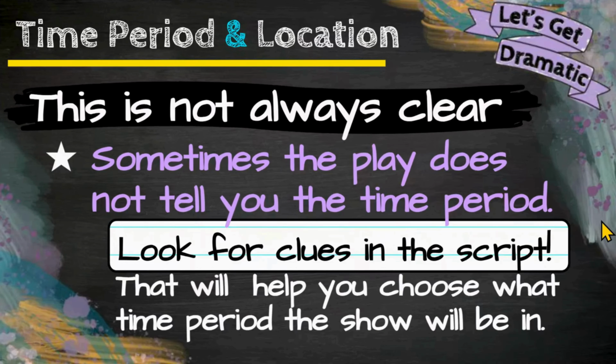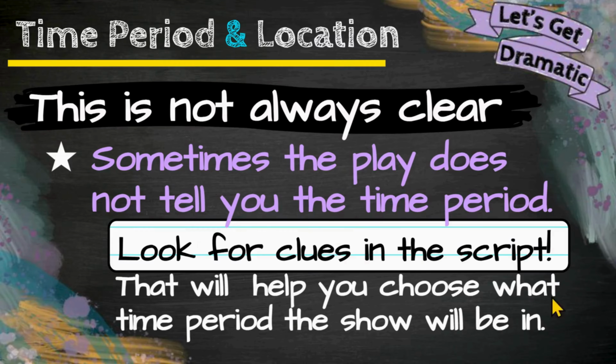So time period and location. This is not always clear. Sometimes the play does not tell you the time period. You need to look for clues in the script that will help you choose what time period the show will be in. So if it does not tell you exactly when the show is happening, like the 1800s, or this is from the 1920s, you'll want to look for context clues. So clues in the play that let you know what you need to do and where you can have it take place.